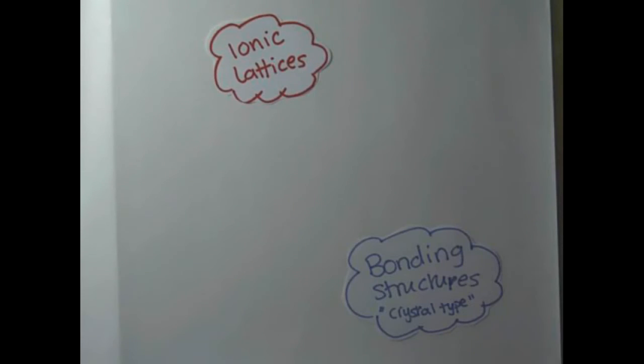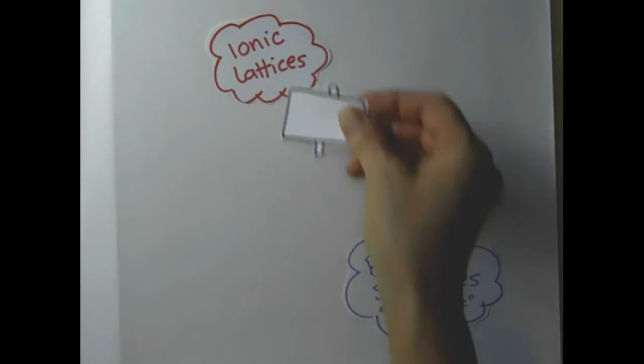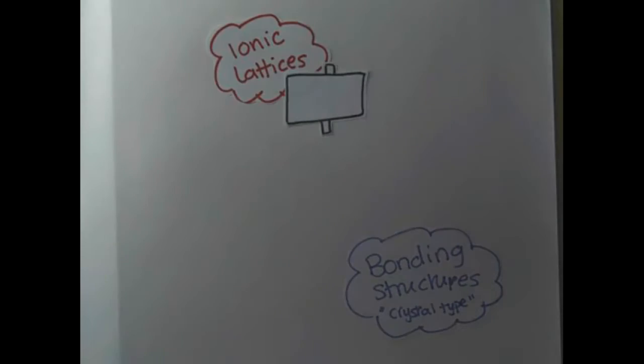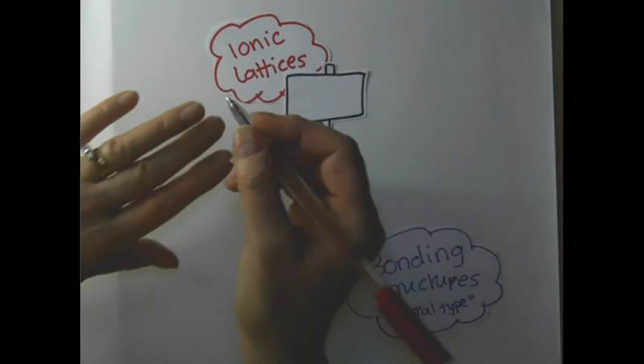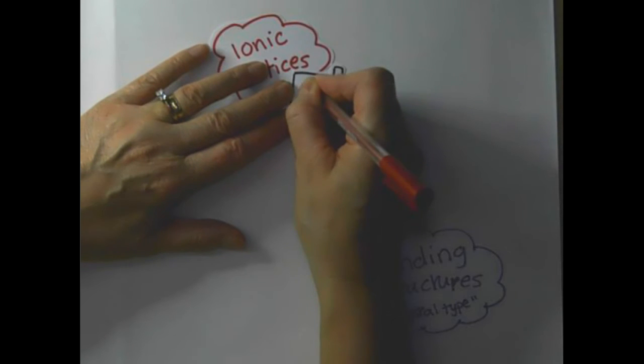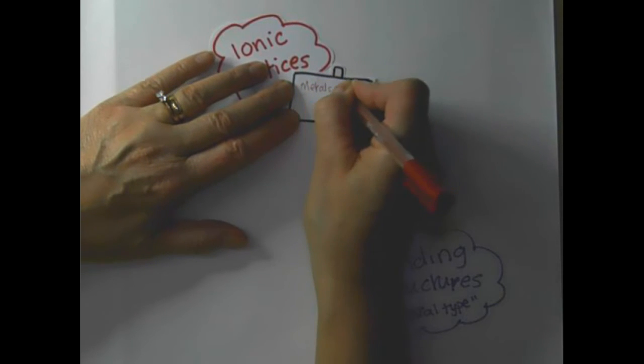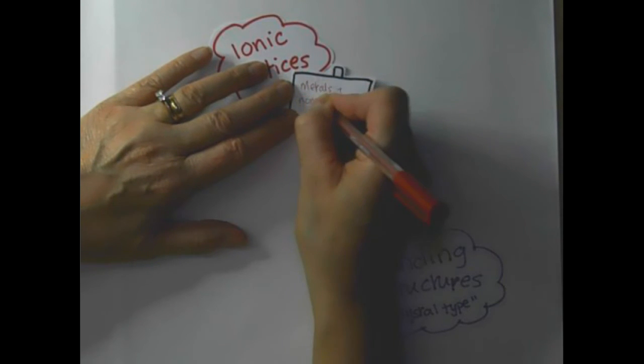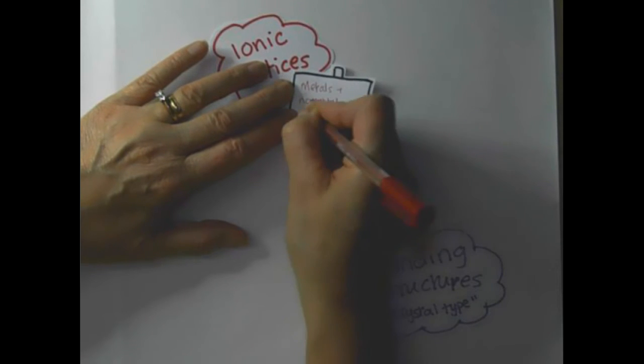Okay, so here we are, we're looking at our fifth crystal structure, which is ionic lattices. So where do we find ionic lattices? Well, that is between metals and non-metal compounds.